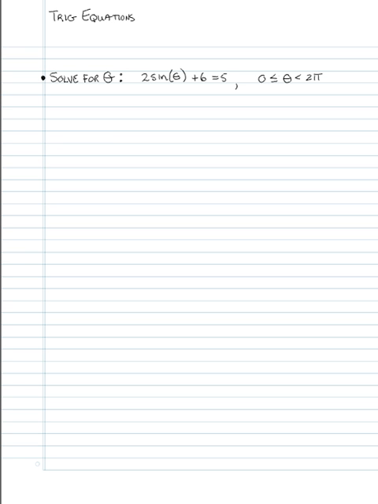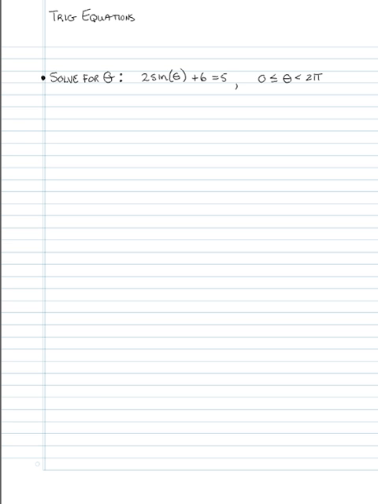But we need to start the idea of classifying these equations. If you'll notice in this equation, we have one single trigonometric function, sine of theta. And that trigonometric function only has one appearance in the equation.